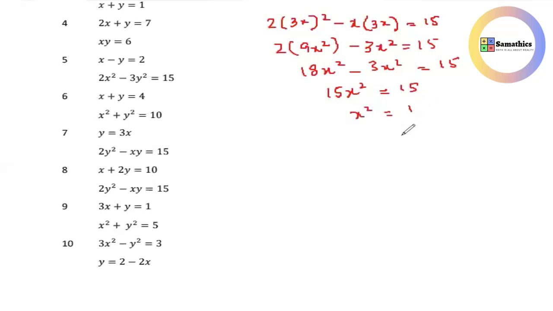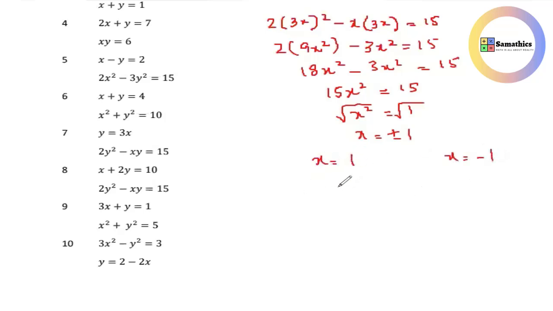x square is equal to 1 and x is equal to plus minus 1. Because when we take square root on both sides, you have to write x is equal to plus minus 1. You have got two values of x. One is plus 1, another one is minus 1.